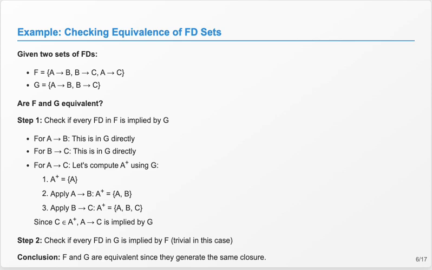For A determines B and B determines C, they are already in G, so we don't have to consider them anymore. We only need to consider whether A determines C is implied by G. The reverse check is trivial because all of the functional dependencies in G are already contained in F.